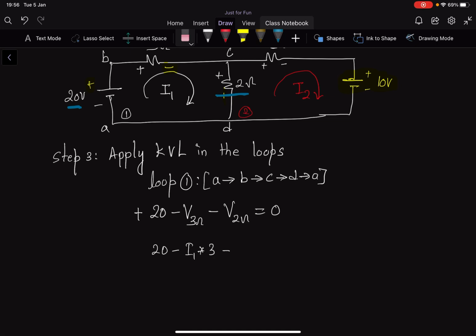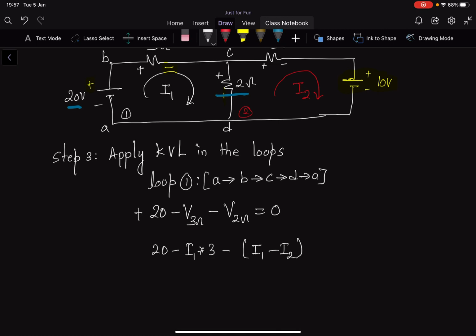That effective value of current is going to be simply I1 minus I2. That's the effective current going through R2. Now, why have I written I1 minus I2? Because you are in loop 1. So whenever you are in that loop, mention that loop's current first and then the other side's current.